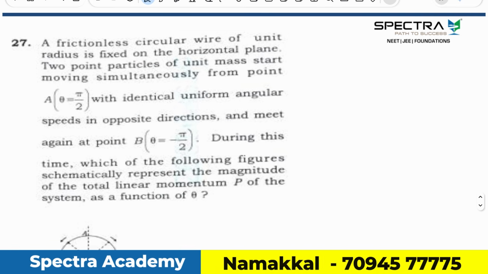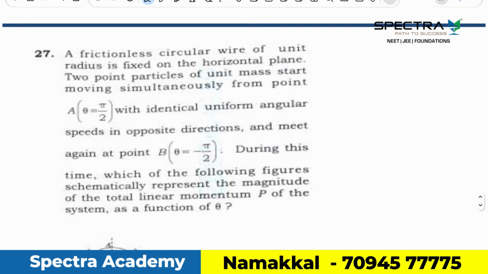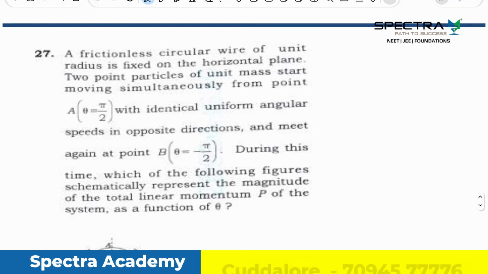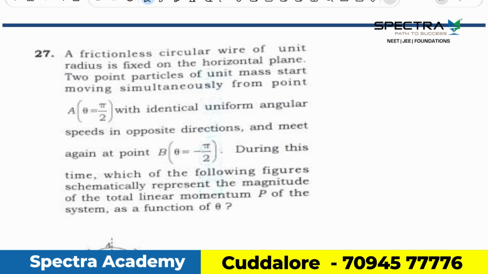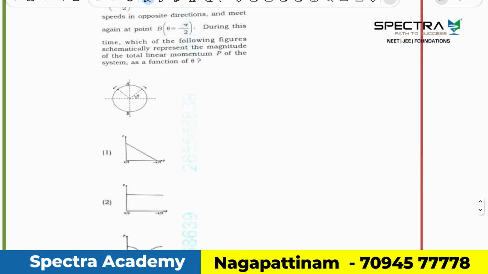During this time, which of the following figures schematically represents the magnitude of total linear momentum P of the system as a function of theta? So that is the question.